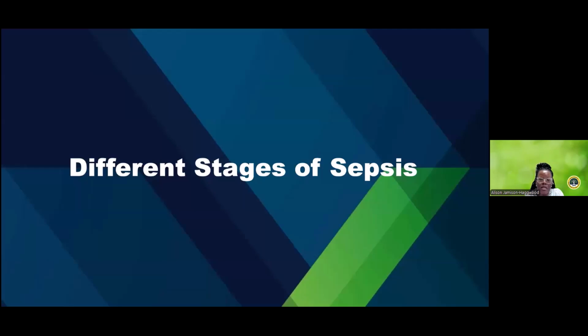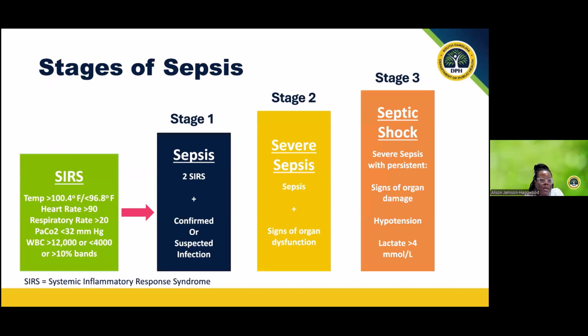So let's take a look at the different stages of sepsis. The first stage, or at least the initial phase of sepsis, is what they call SIRS, or systemic inflammatory response syndrome. As you see here, the individual will have a temperature greater than 100.4 or less than 96.8 degrees Fahrenheit.